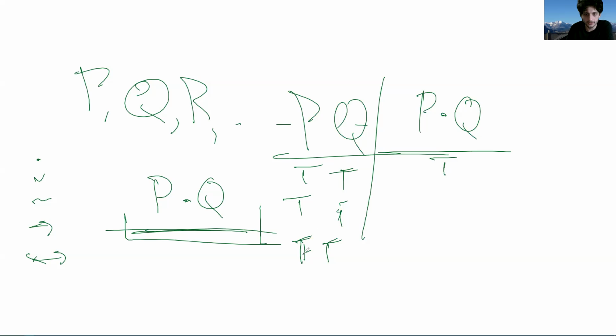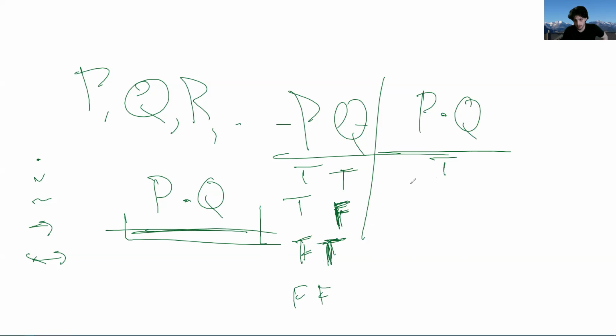Okay, so we want to look at every different way the world could go. So there's the world where they're both true. There's the world where P is true but Q is false, vice versa, and finally where neither is true.